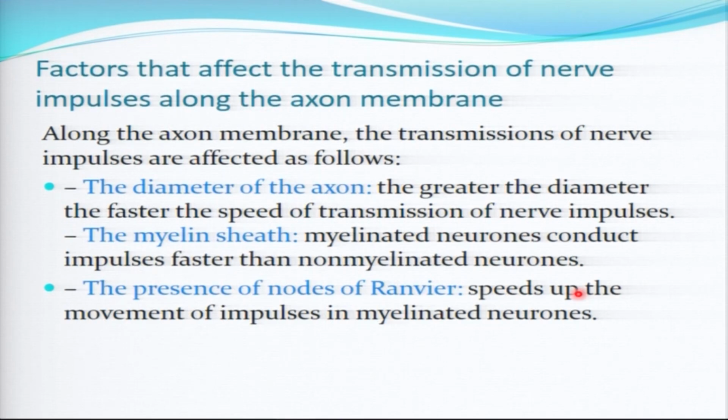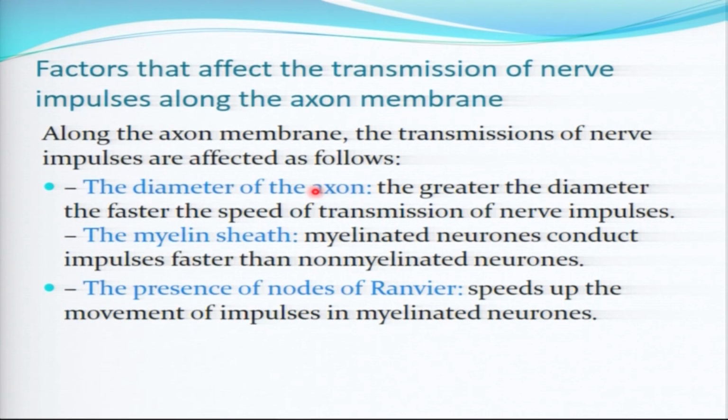So, as I have said, we have factors that can affect the transmission of the nerve impulse. When the impulse is passing across the axon membrane, what can cause it to be carried at high speed? We have the diameter of the axon. If the axon has a greater diameter, what's going to happen?